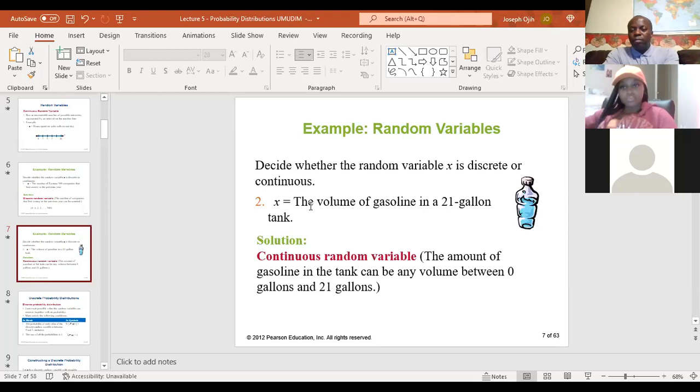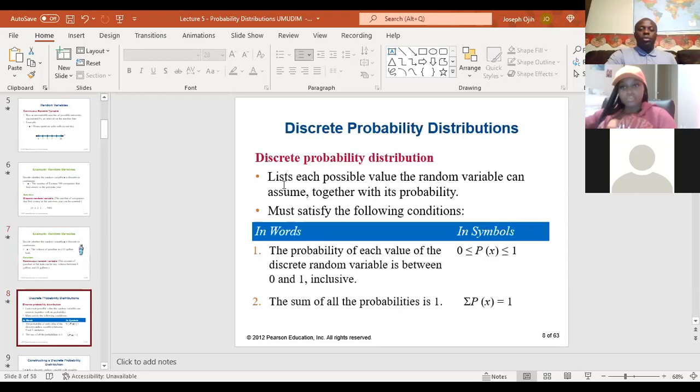So now, with this background, we are ready to explain the main thing we have today, which is the discrete probability distributions. The simplest way to explain the discrete probability distribution is that it consists of each possible value that a random variable can take or assume, together with the corresponding probabilities of those values.